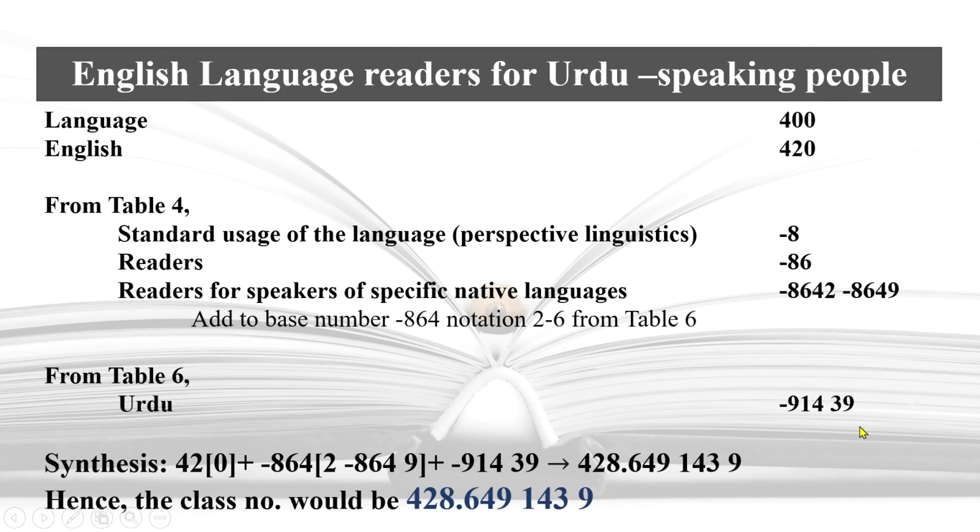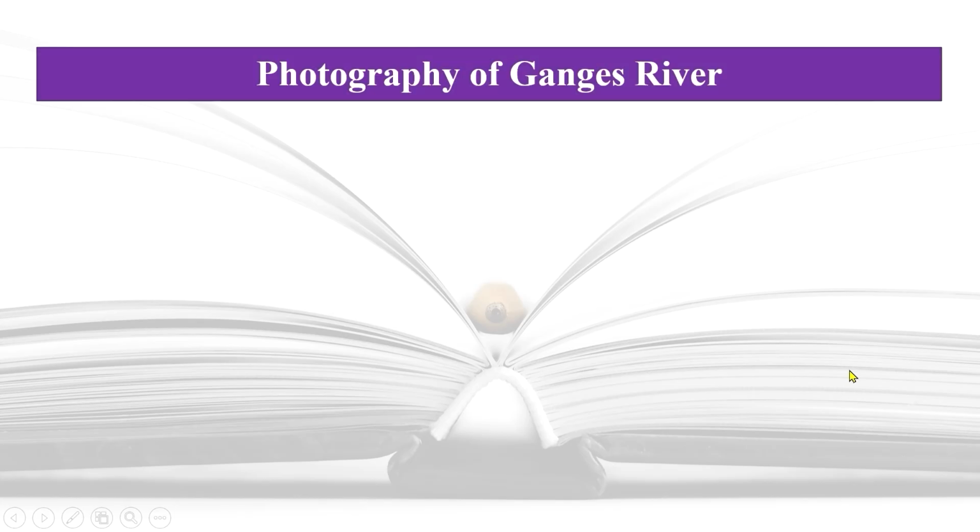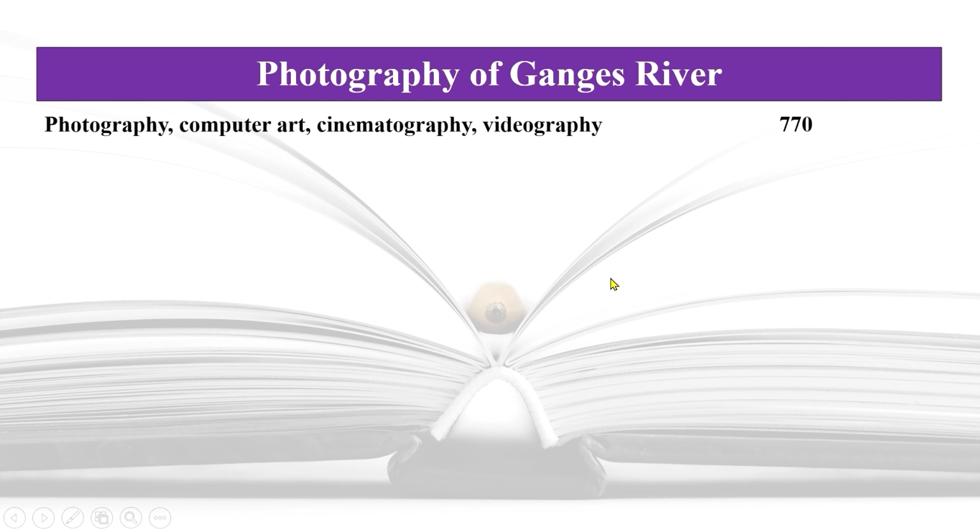The next problem is photography of the Ganges river. Photography is a recreational activity which comes under the arts, 700. From the third summary, we get that photography, computer art, cinematography or videography come under 770.